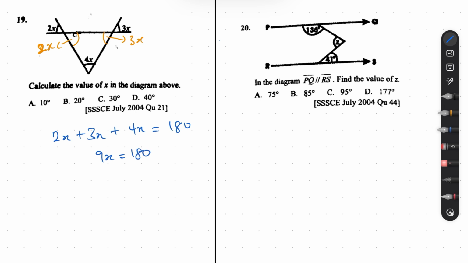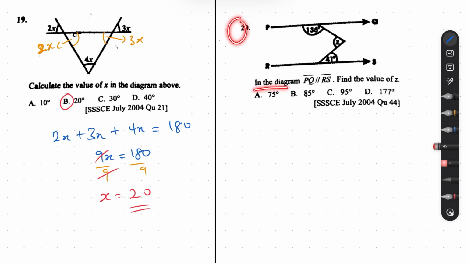We divide both sides by 9, then we cancel out. So x gives us 20. So the answer is B. Cool. Let's move on to question number 20.